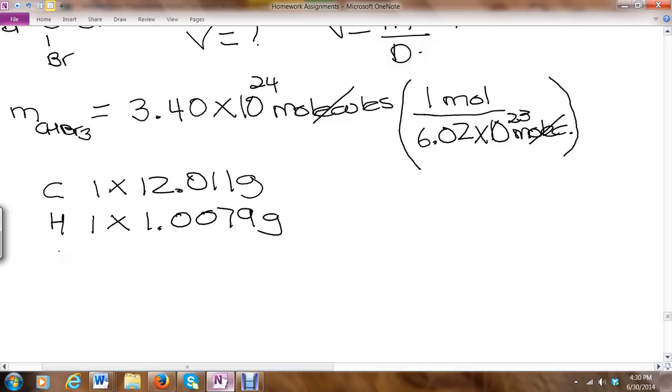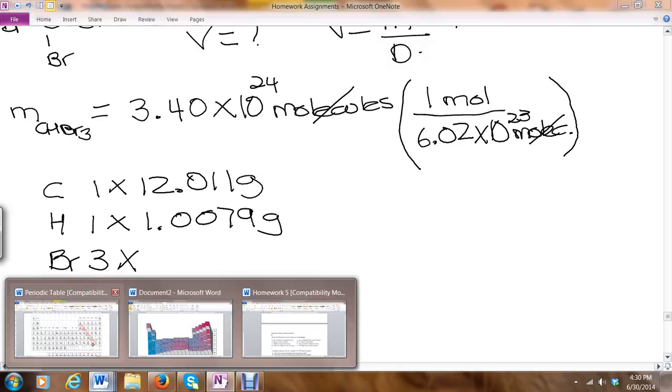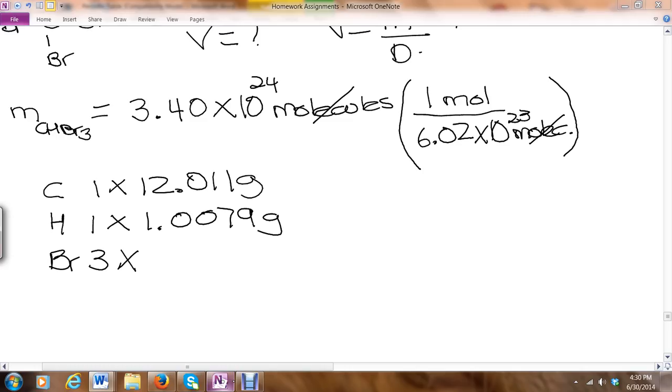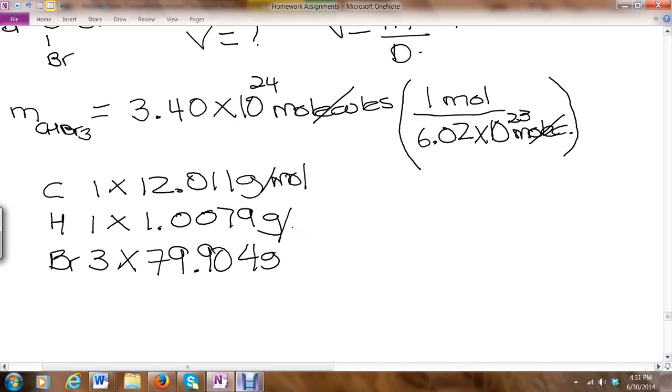And bromine, I have it here, 79.904. You have 3 of them. And this is grams per 1 mole.